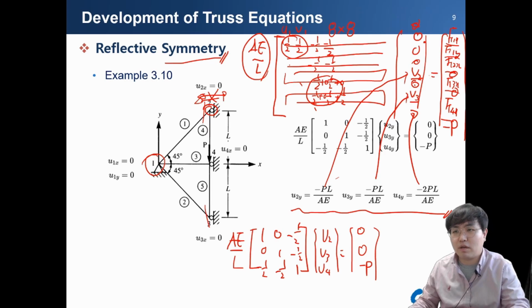So at that time, if you apply this kind of symmetric technique in your FEM model, you can reduce the size by at least half. First, in 1D cases, the size will increase linearly.